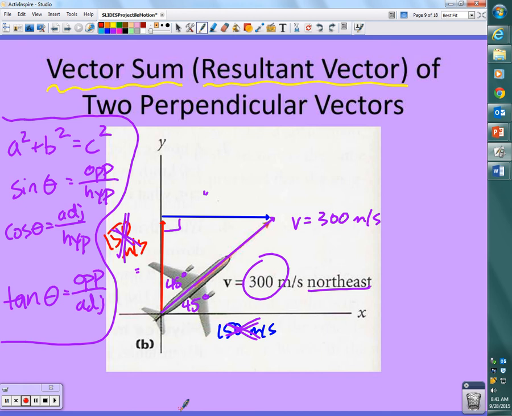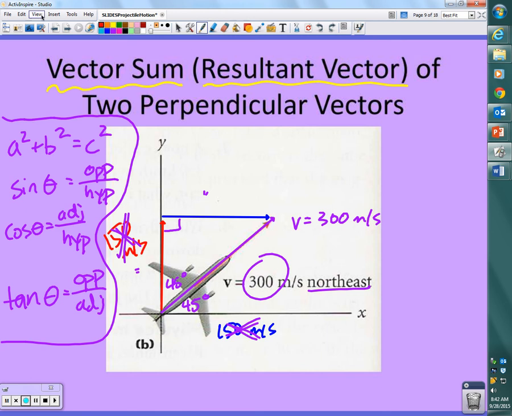Because it just doesn't work that way. What we're going to start off with is looking at things that are at right angles to one another. A north velocity and an east velocity are at right angles to one another. That means the combination of the two takes it in a northeasterly direction. But if this is 300 meters northeast, it's not 150 and 150, right? Now we bring in our trig identities to calculate how big those values are.